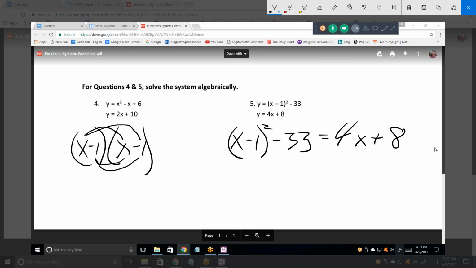The first one multiplied x times x. The outside multiplied x times this minus 1. The inside multiplied this minus 1 times x. And the last multiplied this minus 1 times this minus 1. So when you do all of that, you get x squared minus 2x plus 1.